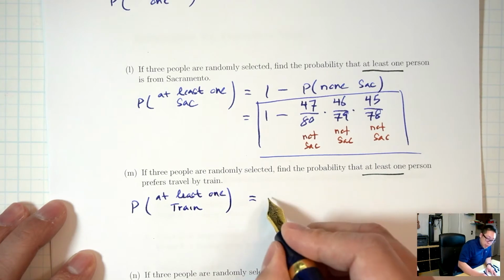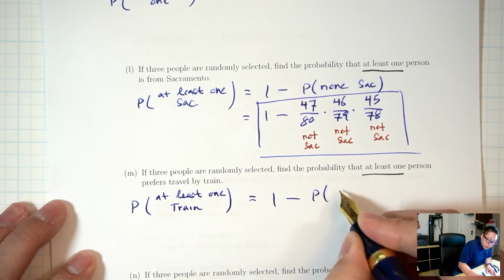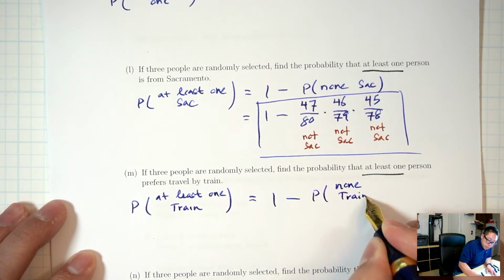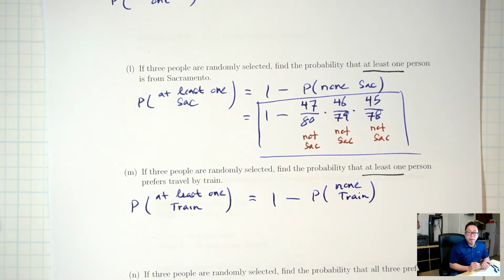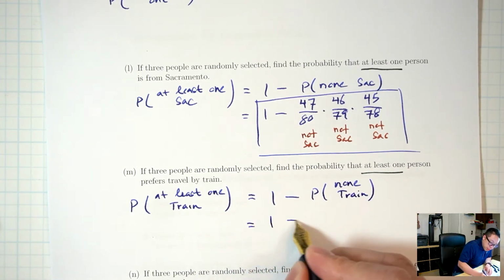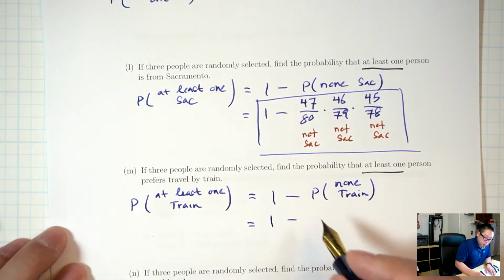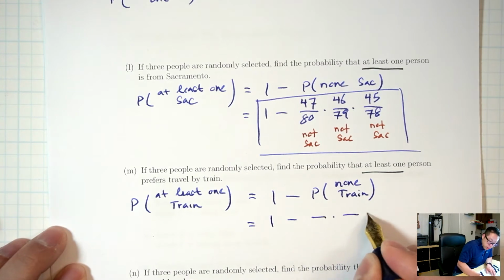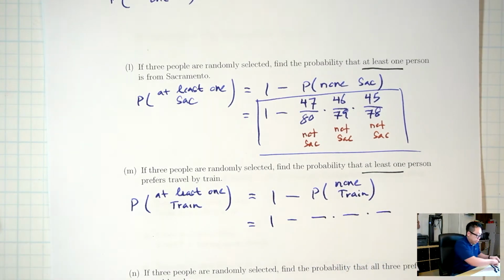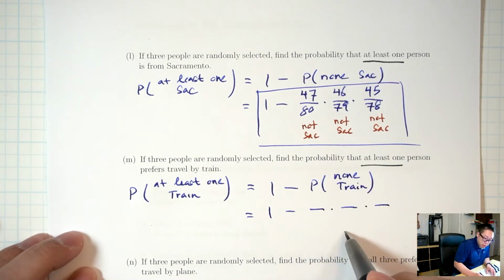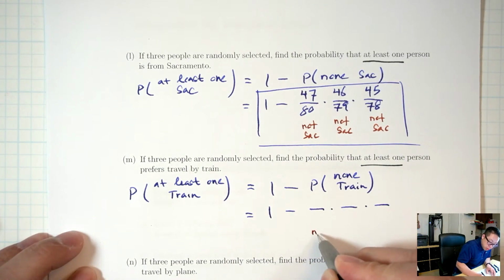We're going to set that up as 1 minus the probability of none train. All right, so this is going to be 1 minus. We're talking about 3 people, so 3 people would mean 3 fractions. And then 3 people, none of them like train, means not train, not train, not train. Right, so all 3 I want to be not train.